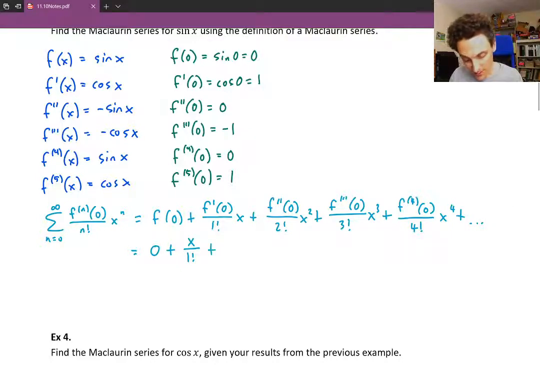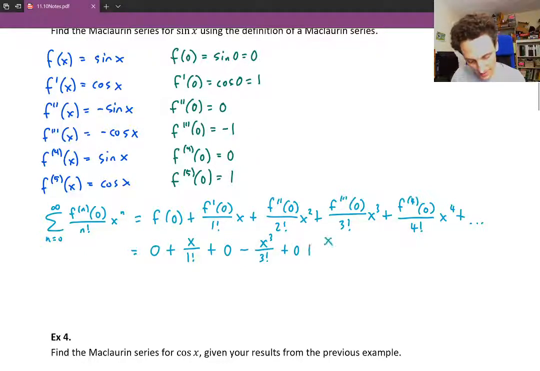Now the next term is going to be 0. Every other term is going to be 0. The ones with the even derivatives will be 0. And here we're on the third derivative at 0. That's going to be negative 1, so minus x cubed over 3 factorial plus 0.